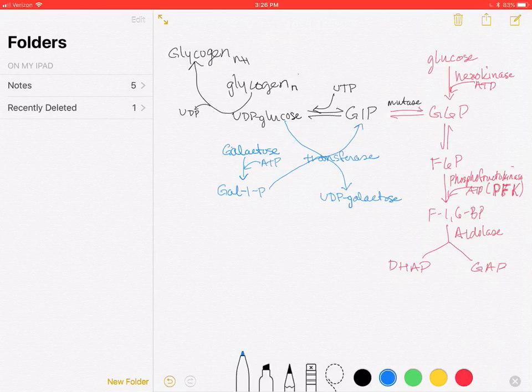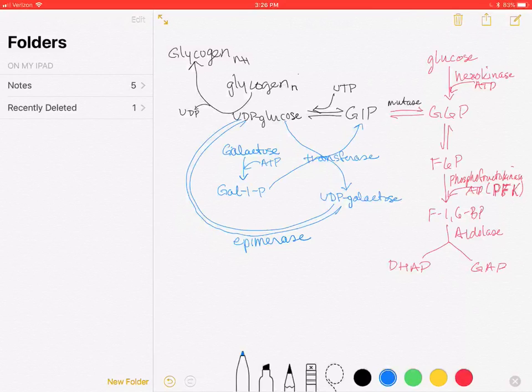In one step, there's an enzyme called an epimerase that can change the UDP galactose back into UDP glucose. This is a two-way reaction. These molecules are at equilibrium, and it's an epimerase that does this.